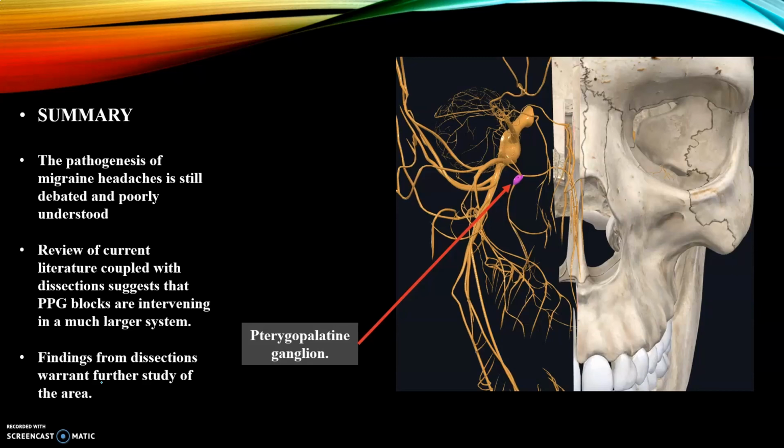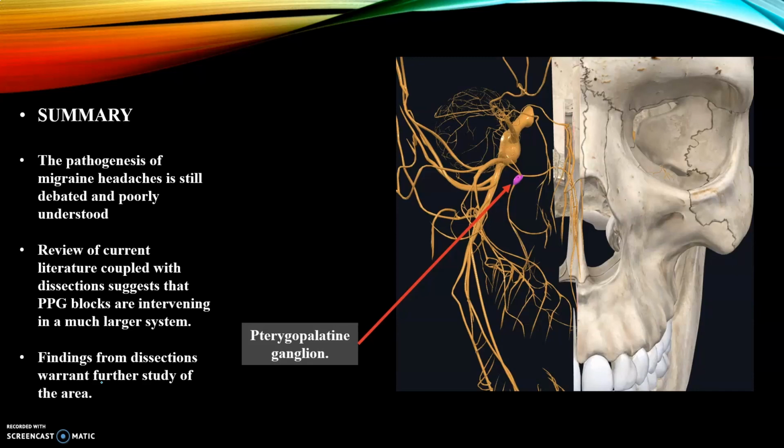And then finally, I think that how different the anatomy was. It was so different from the diagrams and the drawings. And because it was so different from what you will typically find when you look up the anatomy of the region, I think that my findings definitely warrant further research into this.